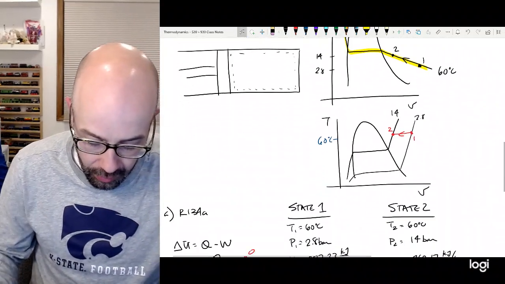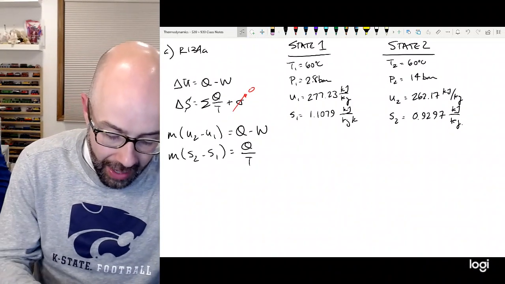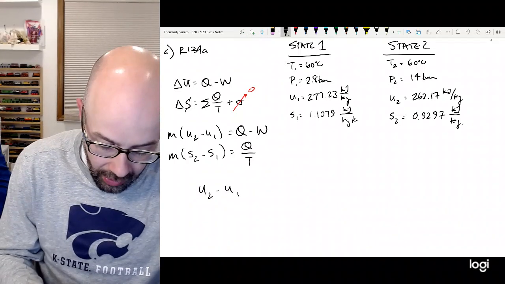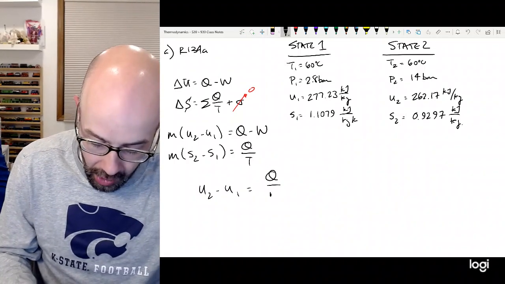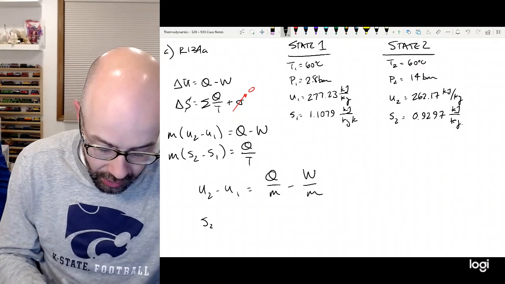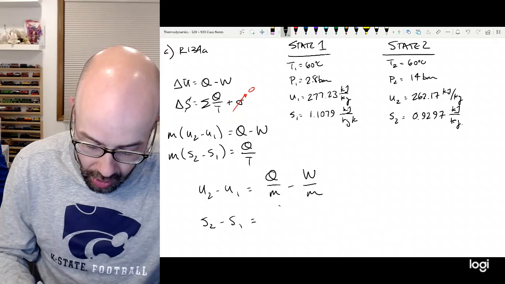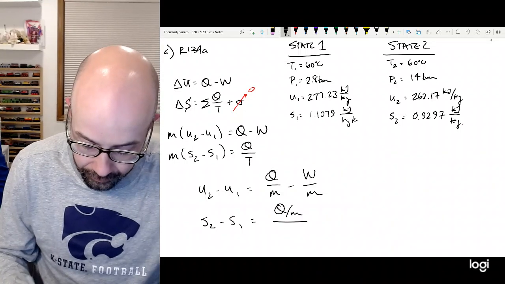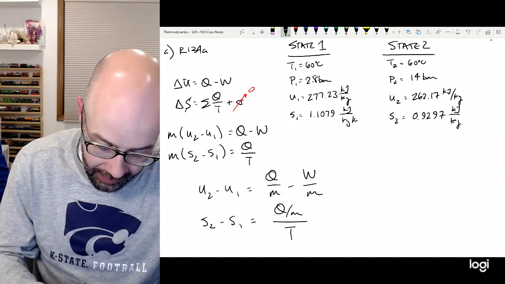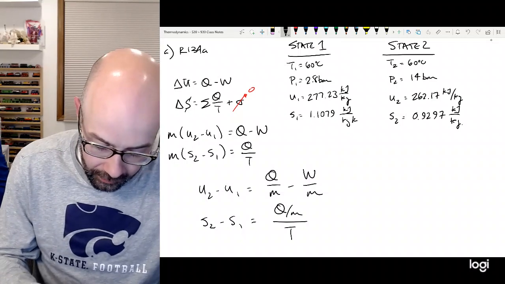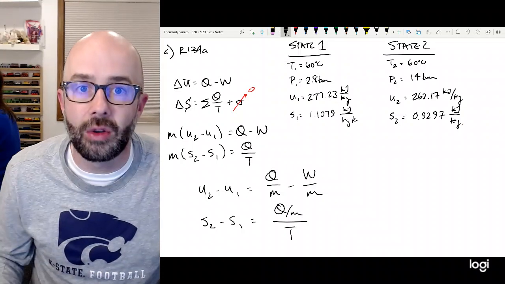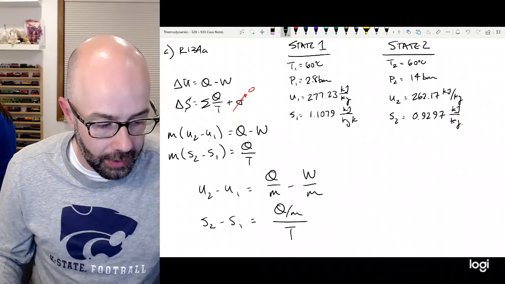So we're going to divide through by the mass here, and we're going to get our equations to be U2 minus U1 is equal to Q over m minus W over m, and S2 minus S1 is equal to Q over m over temperature. So this here is going to have the same units as our internal energy has.